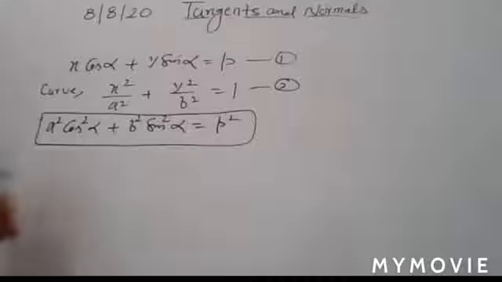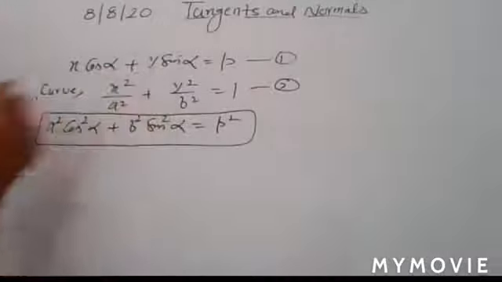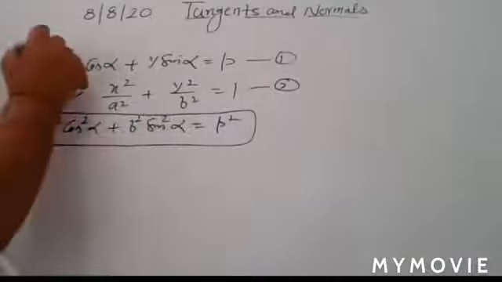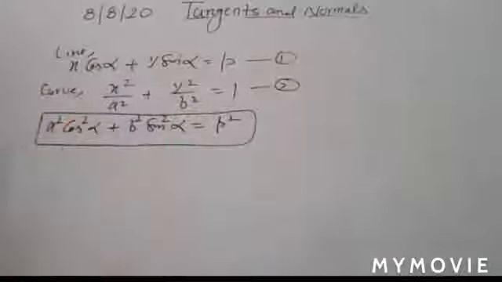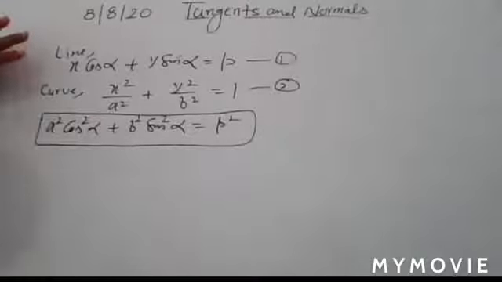What is given? Here you have a line. Actually, equation 1 is your line. Understand? And your second equation is your curve. In this question, it is given that line 1 touches the given curve. Then you have to prove this result.